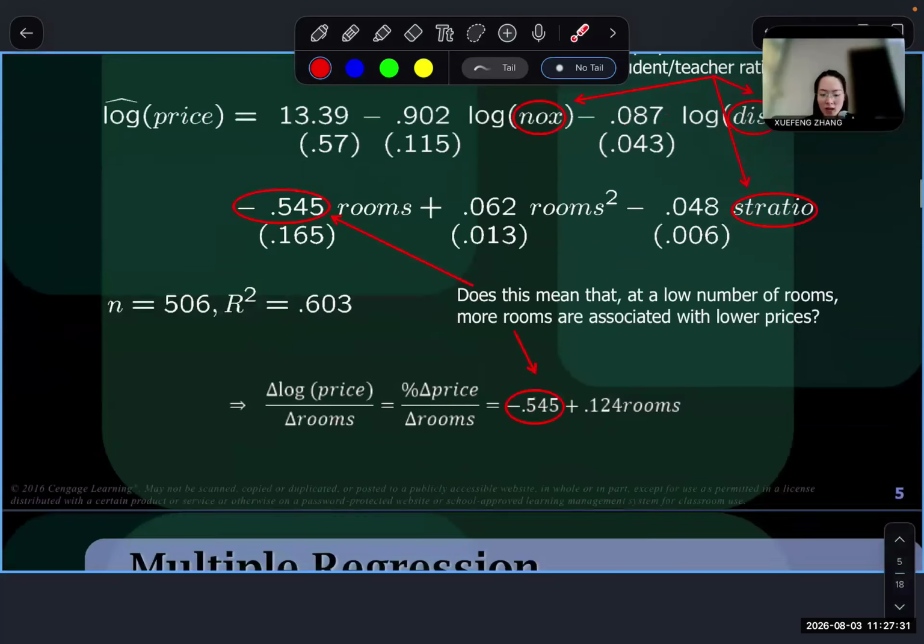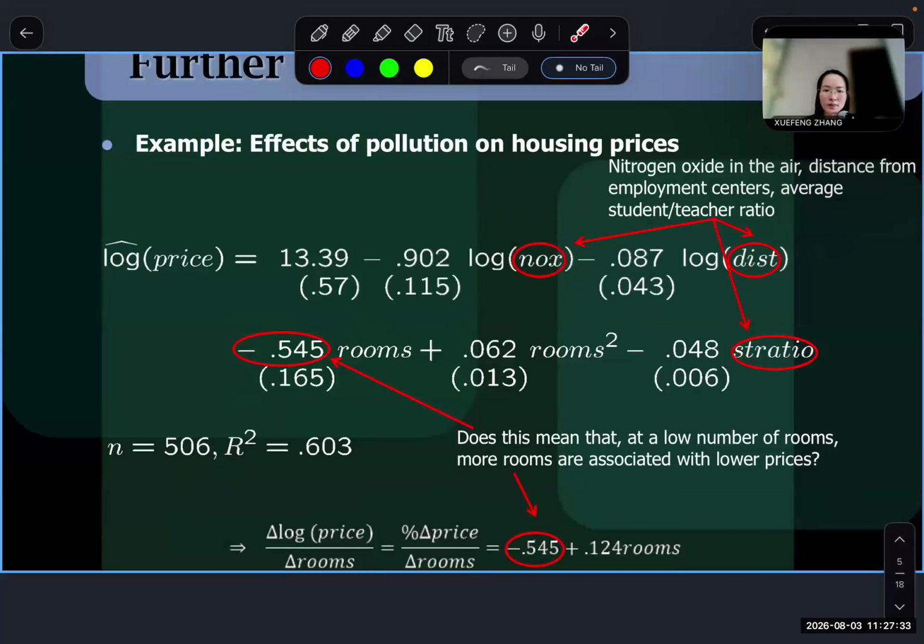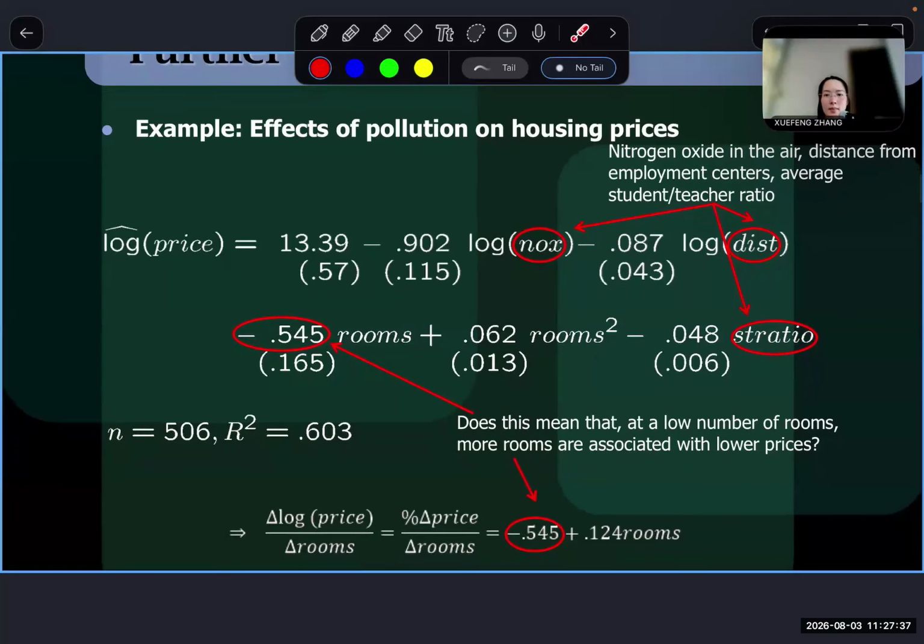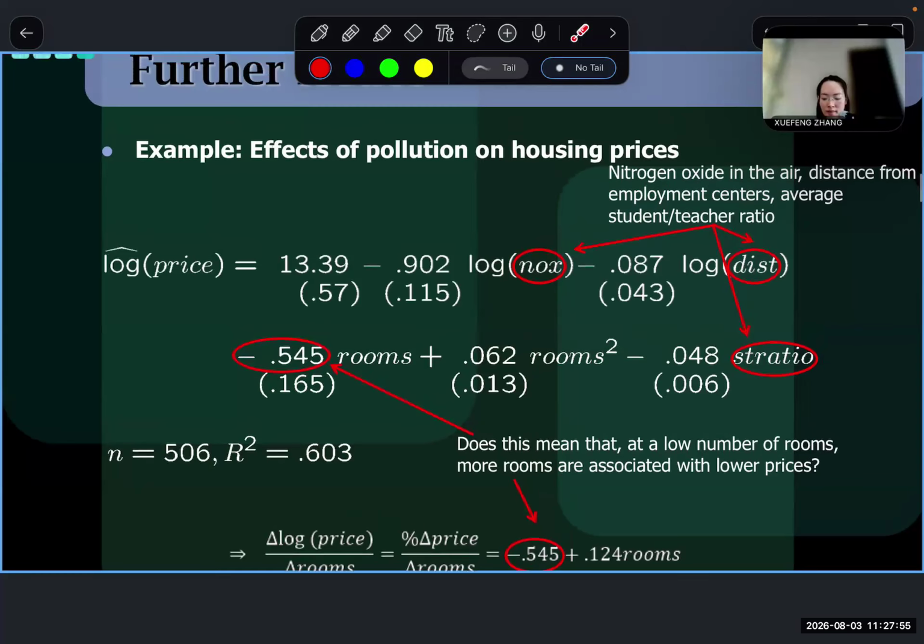Okay, next one, let's see. Next example. This one mixes logs and a quadratic together, okay? Things get more complicated here. We have log and quadratic together. Okay, so this is the regression output.